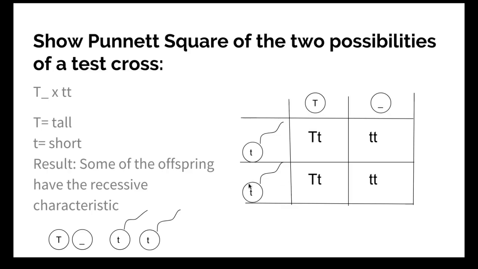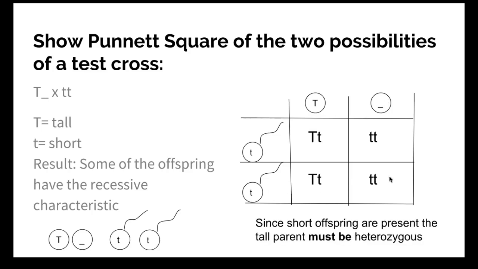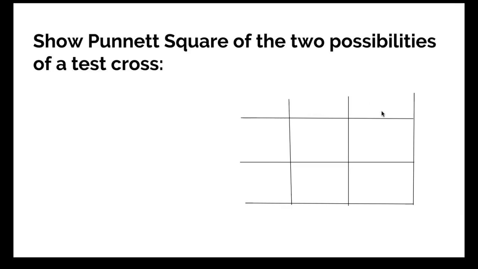Same with this one, this little t would be transferred over here, and this little t would have to come from this letter. So that means that this tall parent has to be heterozygous, so this letter would be a little t. Because you get a letter from each parent, and we know that one parent is recessive, we're getting that one little t from the recessive parent, and that second little t has to come from the dominant parent.